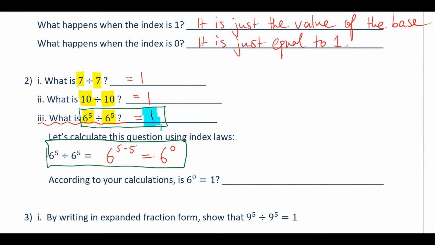So these two things are equal to each other because they all come from the same expression on the left-hand side. So according to your calculations, is 6 to the power of 0 equal to 1? The answer is yes. So you were able to actually show this property by looking at it in two different ways, and mathematics never lies.